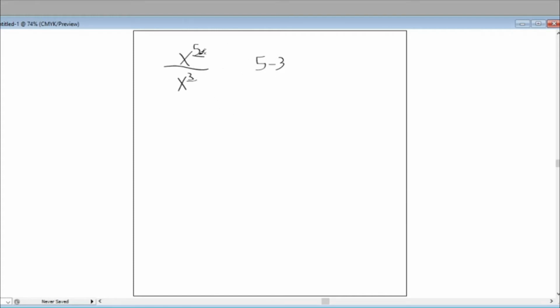You'll see in a minute when we get to some other exponents. Anyway, 5 minus 3. If we subtract those two, we get 2. So our answer here comes out to be x to the second. Again, we just subtract. That's it. Okay, so clear this off.